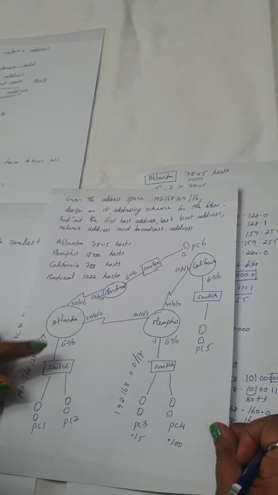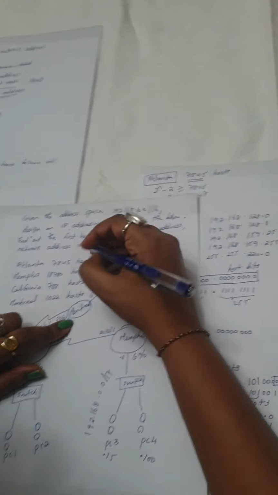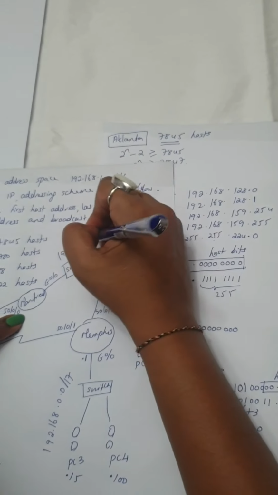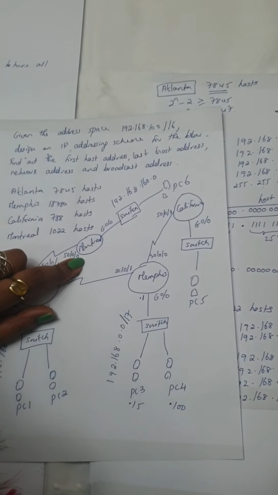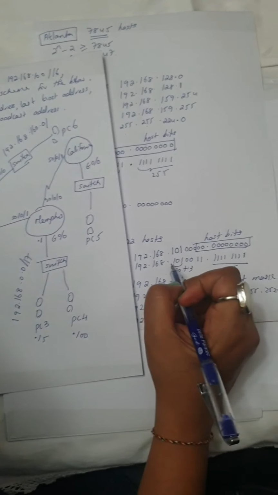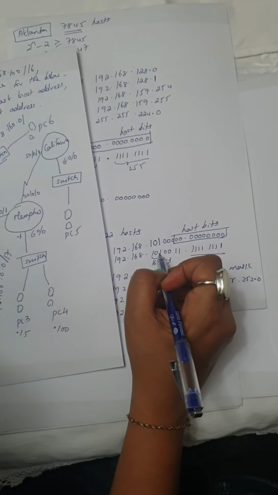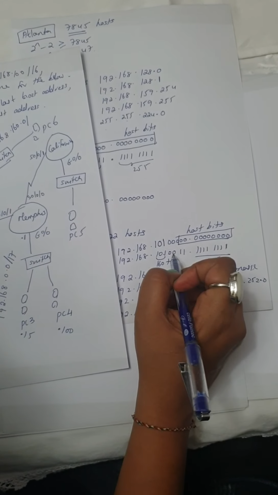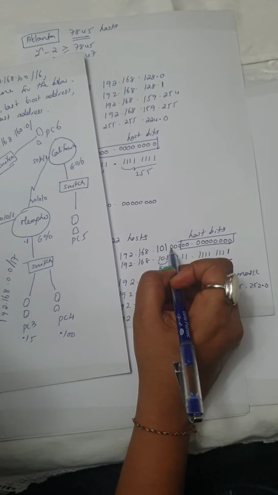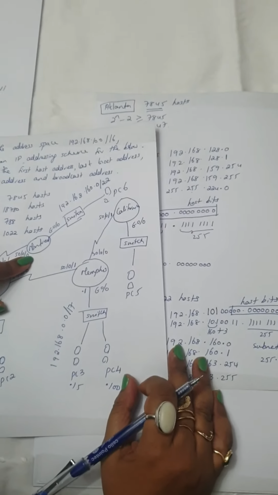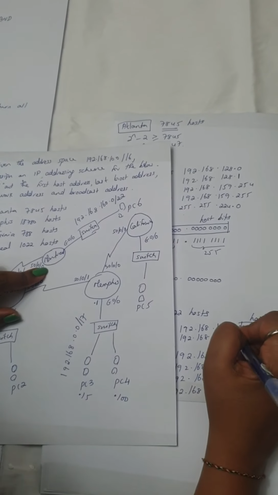So now for Montreal, the network is 192.168.160.0, which is a /16, 17, 18, 19, 20, 21, 22. /22.